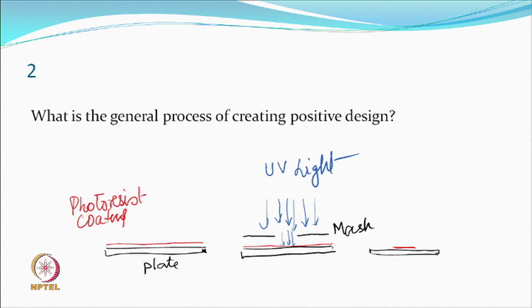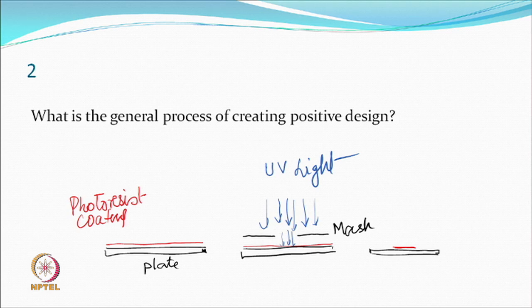For example, if this is a plate for offset printing and you have a photoresist coating which has been put on the plate, and then you put a mask.